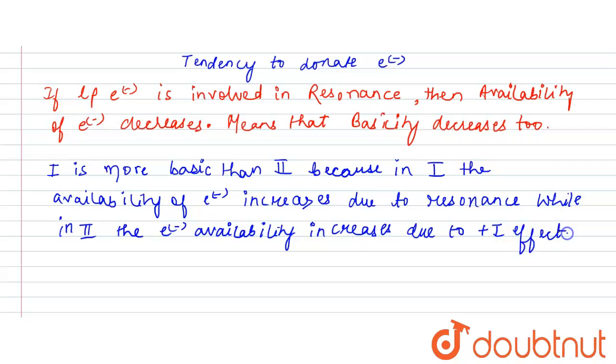So this is important, that 1 is more basic than 2 because in 1 the electron availability increases due to resonance. So you will write like this: 1 is more basic than 2, right? This is the important part.